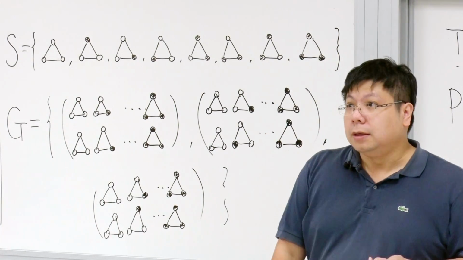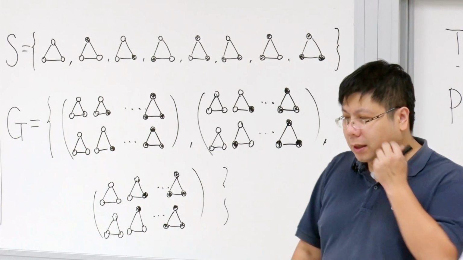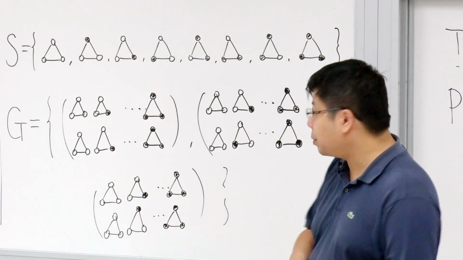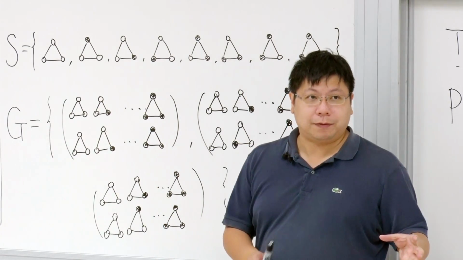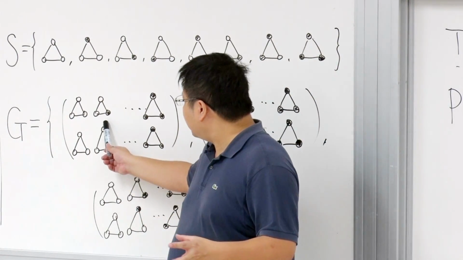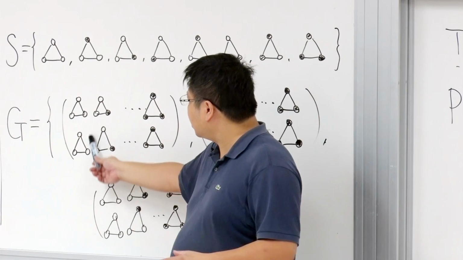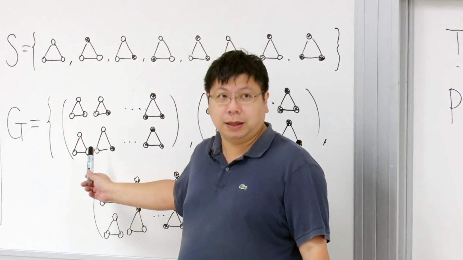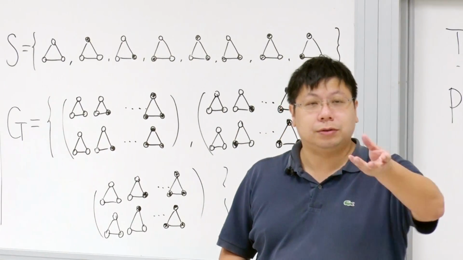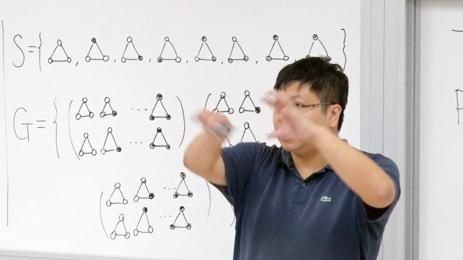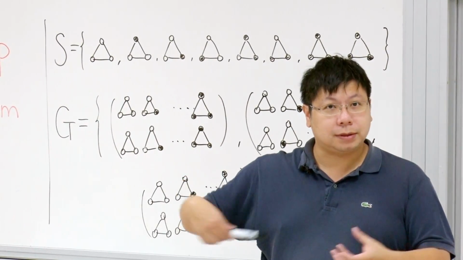And then what was our original problem? Our original problem is to find out how many classes we have. If in a certain case, this item here can use rotation to get into the other item, they should be considered in the same class.